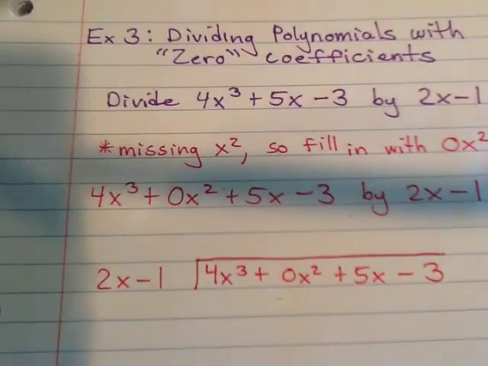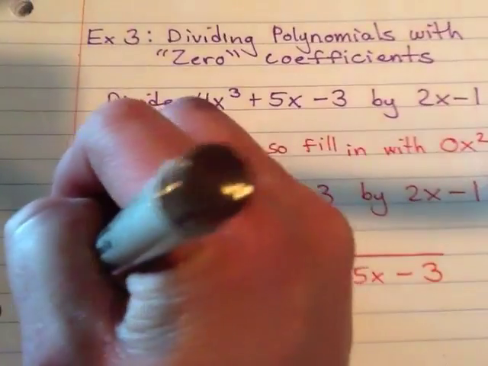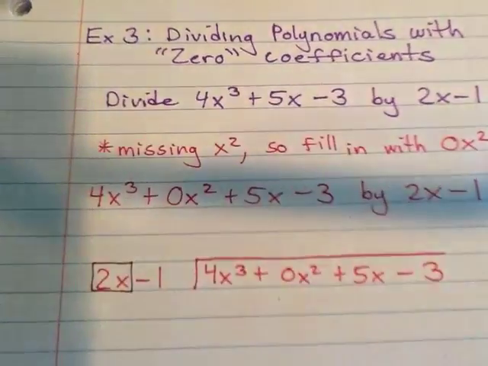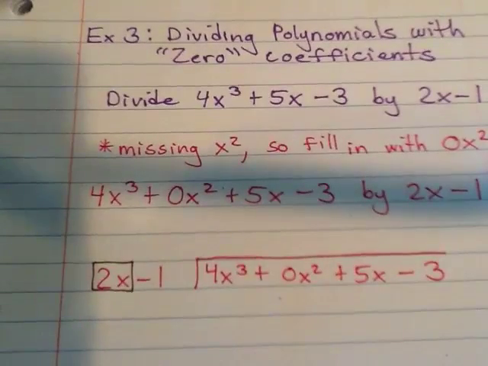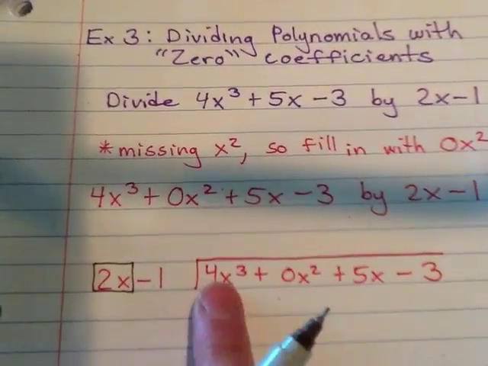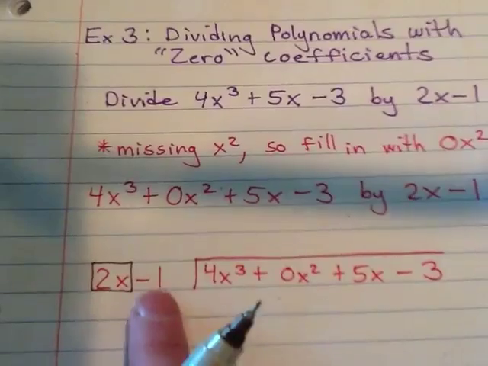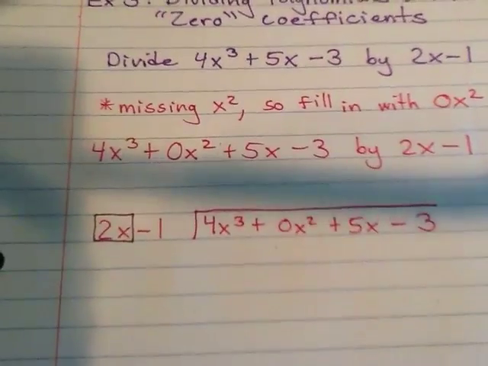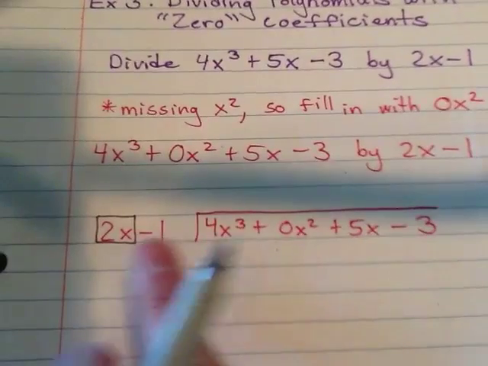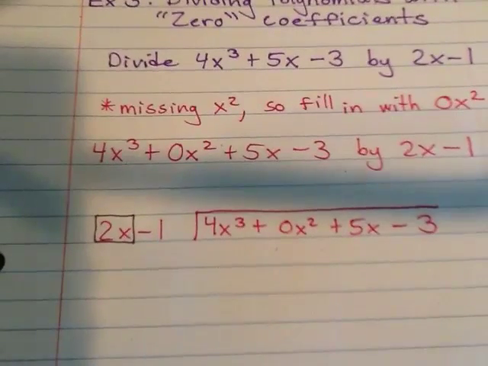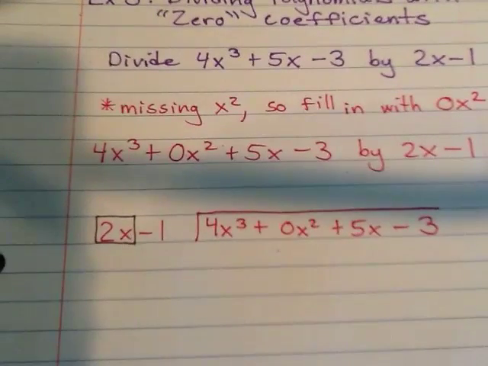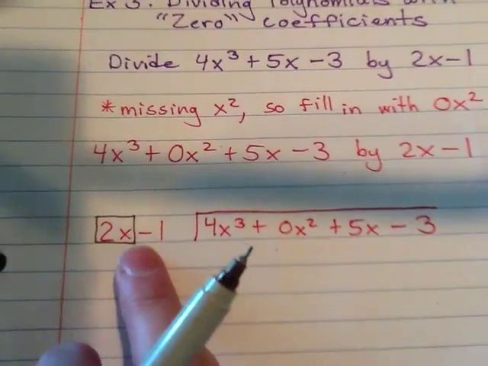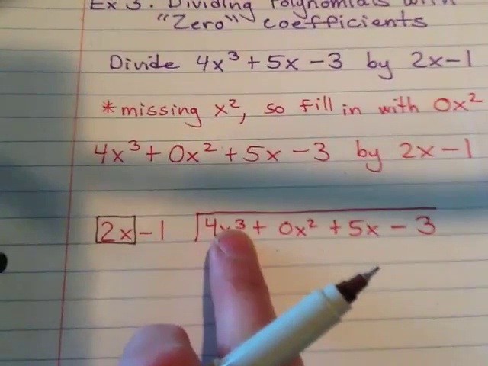What I like to do is put a rectangle or something around that first term so I remind myself that's the term I'm looking at to divide into. This I'm still going to multiply to as I'm going through, but I'm really not worried about if 1 goes into any of these or -1. I'm worried about the first term, the one with the x. Okay, so how many times does 2x go into 4x cubed?